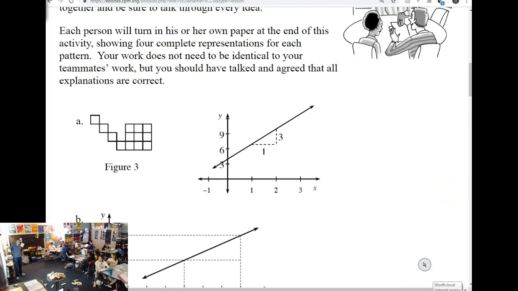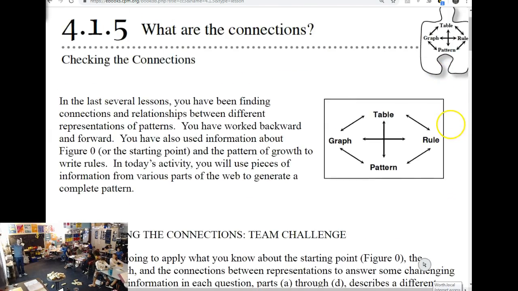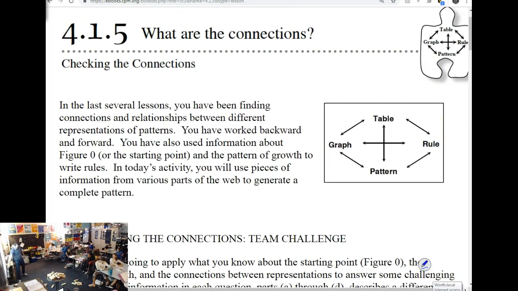So A gives me figure 3 in the representation, and then a graph. Based off what figure 3 shows and what the graph shows, can anyone make a rule for me? Because remember, our 4 things, and actually I should take a snapshot of this so it's up on the screen.